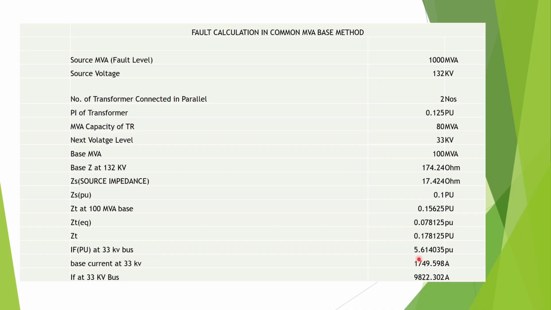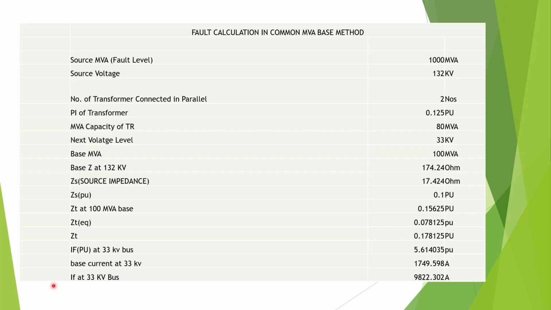We can calculate the fault current at the 33 kV bus for a three-phase fault, which is 1 divided by the total impedance, 1 divided by 0.178125, which comes as 5.614035 per unit. The base current at the 33 kV bus is the base MVA, 100 MVA, divided by root 3 into 33, which comes as 1749.598 ampere.